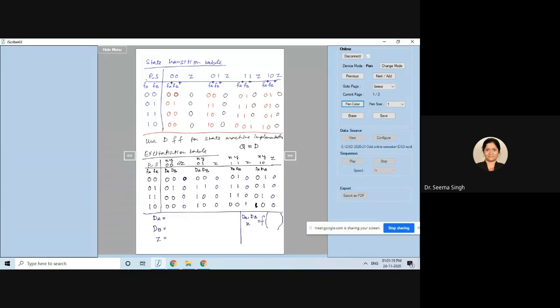For that I need to give excitation input. Now I am making the equation of this excitation input. So the excitation inputs are DA and DB. Also, I need to know the equation of Z, that is the output. So DA, DB and Z are a function of present state and present input.